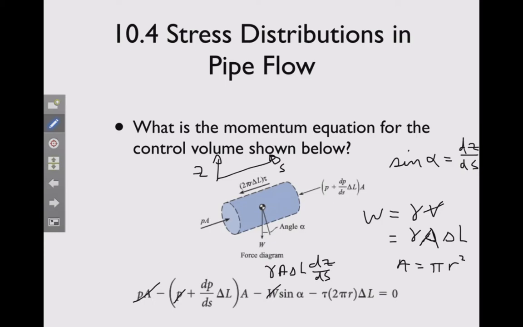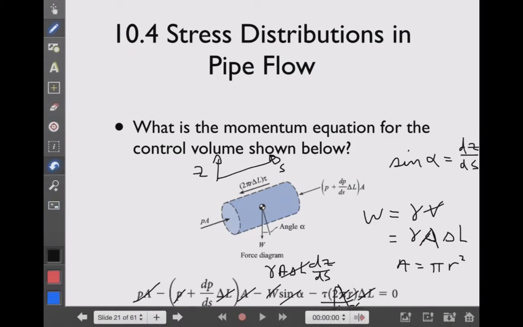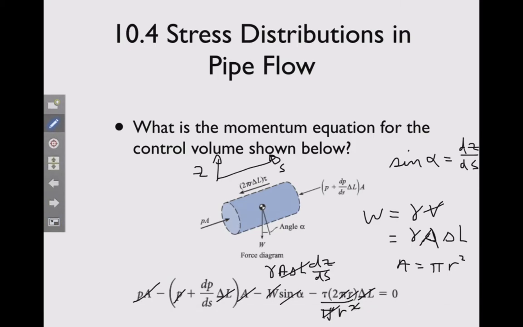Now when we divide through by A delta L, we recognize that A is pi r squared. So that's going to cancel the pi's, and that's going to cancel one of the r's. So we're going to be left with a 2 over r here. We can see the 2 over r here.